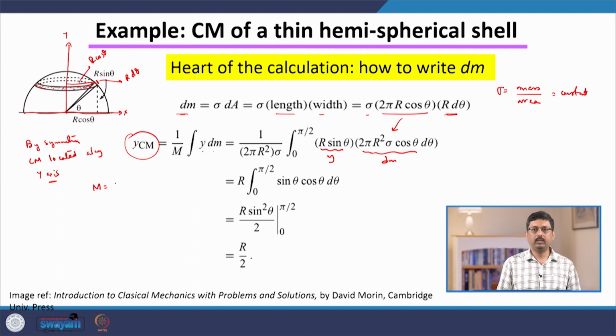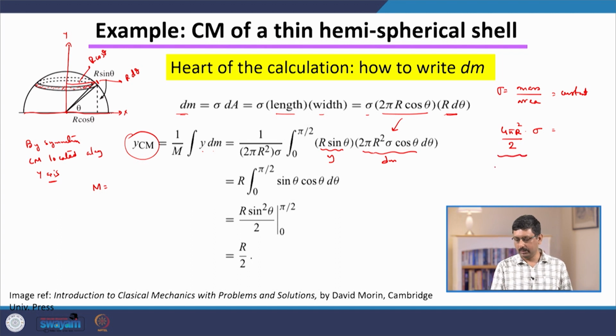We can calculate easily that if we take a sphere, then the total surface area of the sphere is 4 pi r square, and times sigma, that should be the total mass for a sphere. But we have a hemispherical shell, and the equatorial plane is empty, this is our assumption.